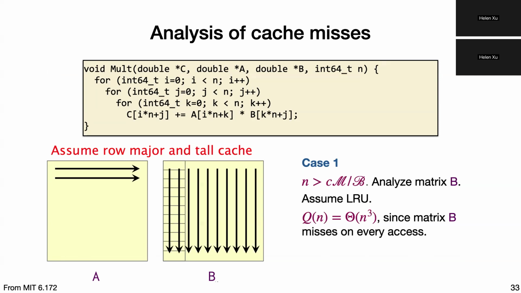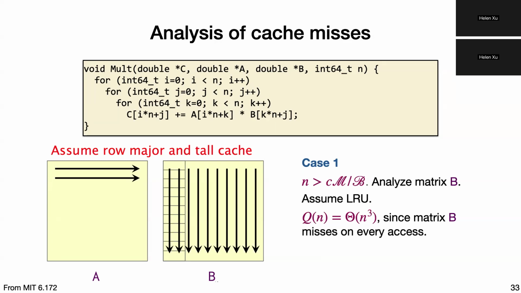So assuming that the matrices are laid out in row major, we're going to use the ideal cache model to analyze just this basic 3-loop version. Like I said, in A, we're going to move horizontally. In B, we're going to move vertically. And for C, you compute the whole entry of C before you move on to the next entry of C. So there are a few cases. n is the side length of the matrix.